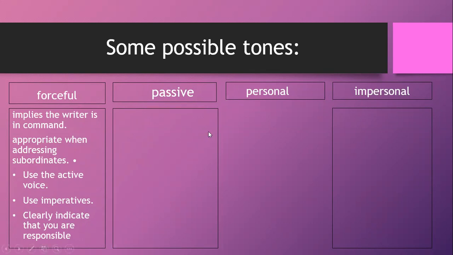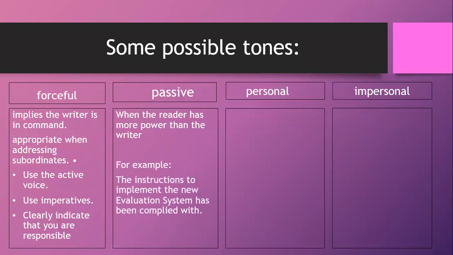The passive tone, on the other hand, is when the reader has more power than the writer. So somebody is writing to upper management or to a superior officer in his company, institution or workplace. For example, the instructions to implement the new evaluation system have been complied with.